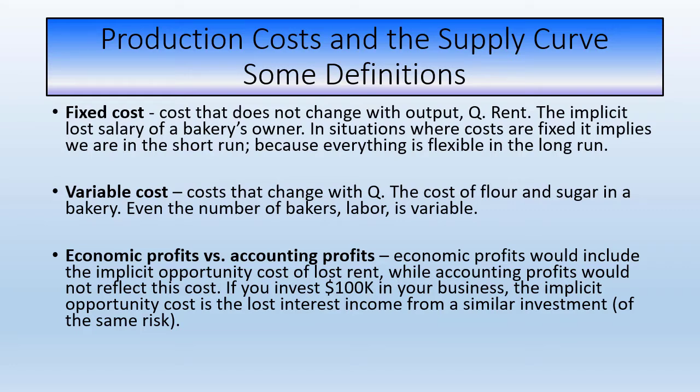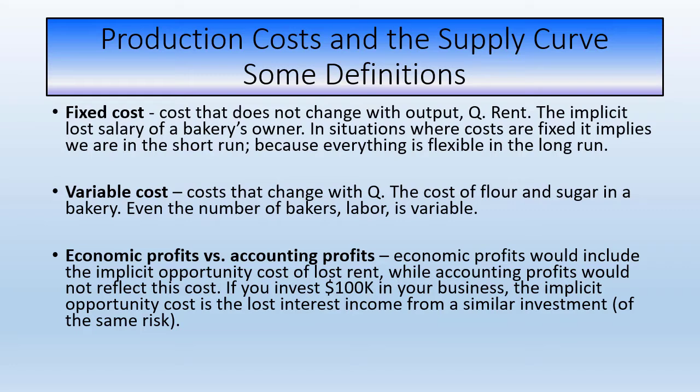Now let's look at variable costs. Variable costs, by definition, change with quantity, our output, Q. So the cost of flour and sugar in a bakery, well, they're going to be variable costs. Even the number of bakers, in other words, the number of laborers or workers, is variable. At least in the problems that we're looking at, they're going to be variable. Now, we also need to distinguish between economic profits and accounting profits.